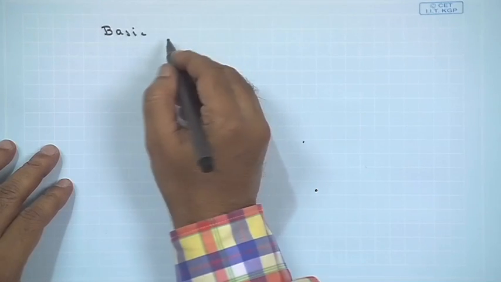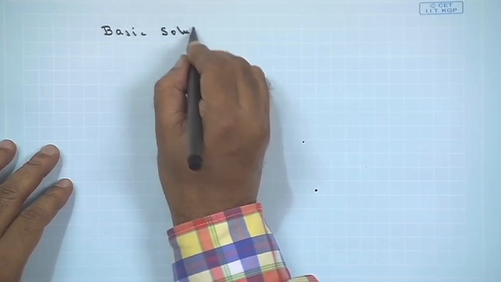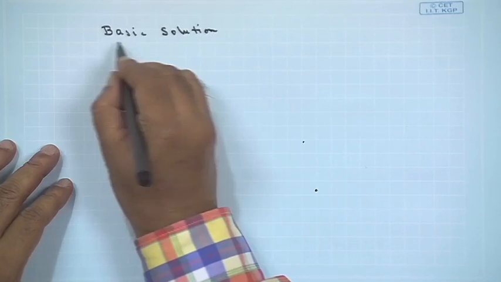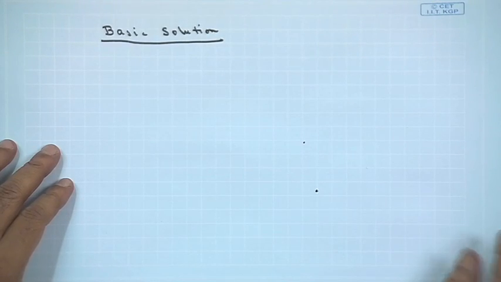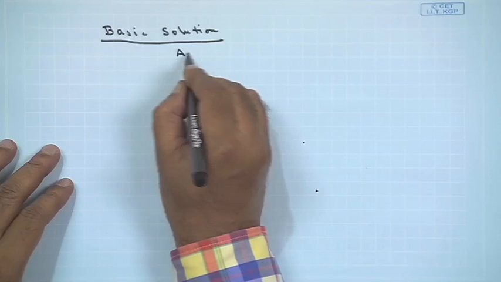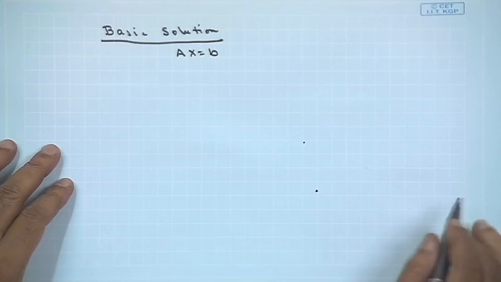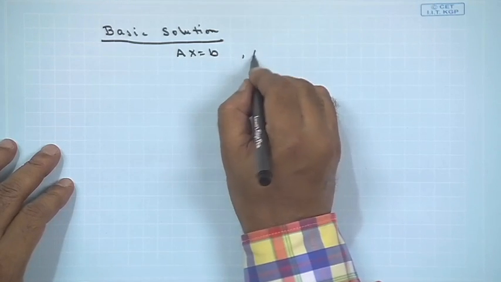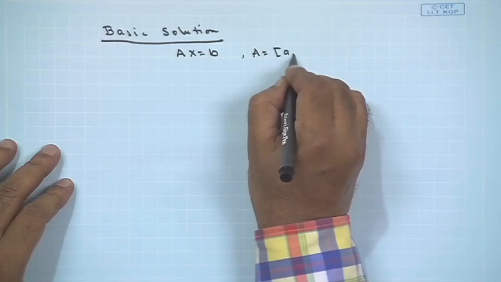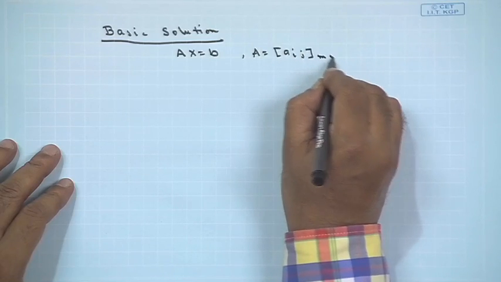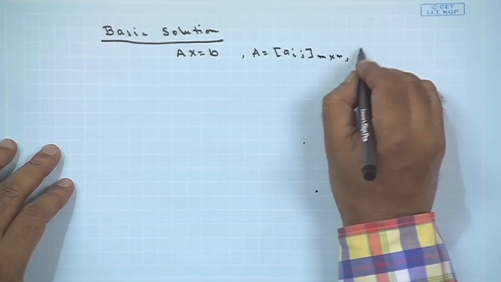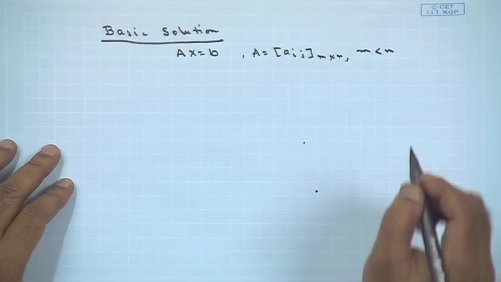This one also I think I have discussed, the basic solution. What is the basic solution? If you have a system of simultaneous equations A x equals b, where A equals a i j, this is an m cross n matrix, and m is less than n.